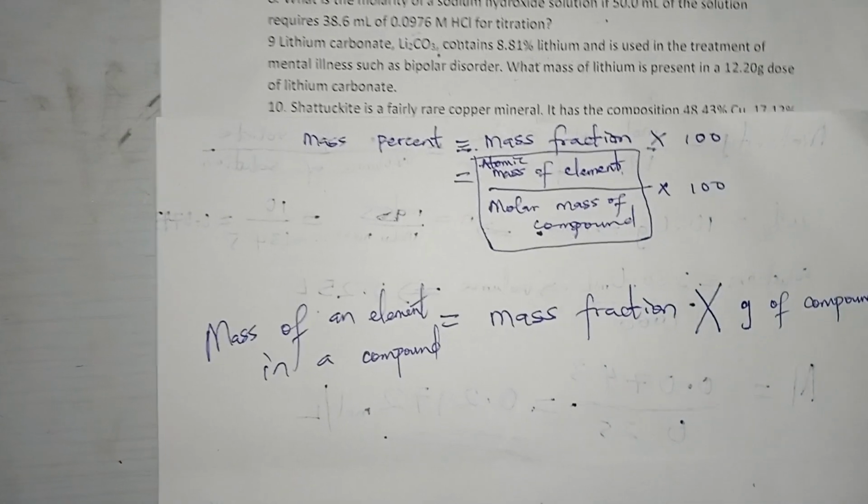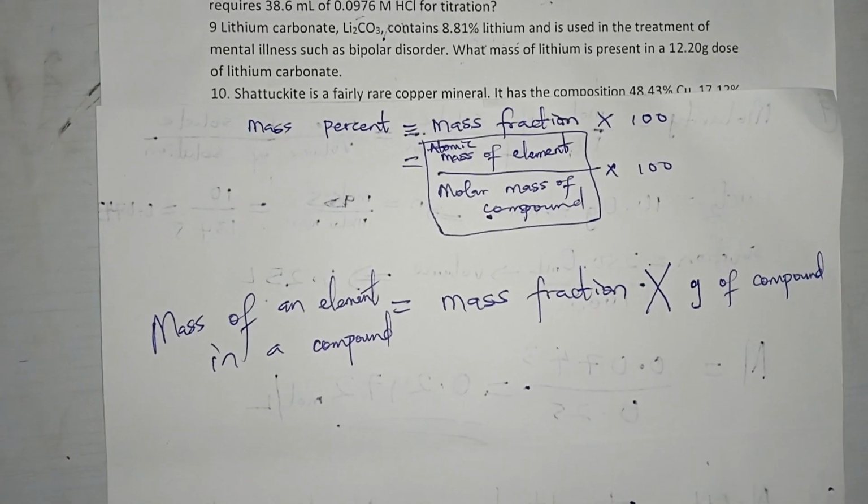So the mass of an element in a compound is simply mass fraction times gram of that compound.